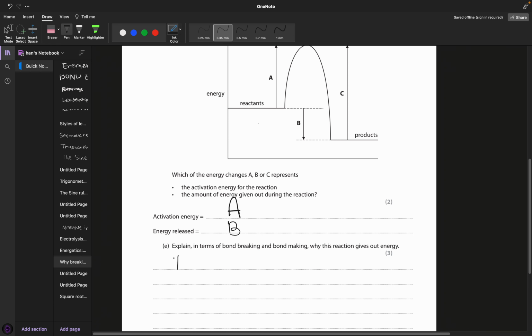The bonds in the reactants need to be broken. Okay, you know what? I apologize for the bad handwriting. Let's just type this out instead. I feel like that'll be better for everyone. It's easier to see, so let me get a keyboard and change my color.